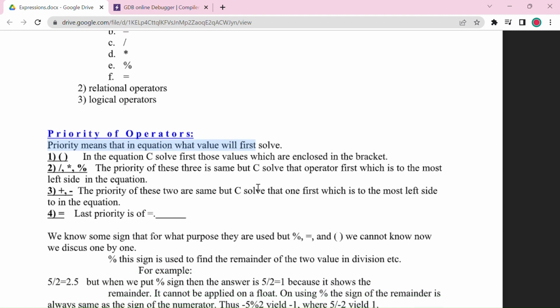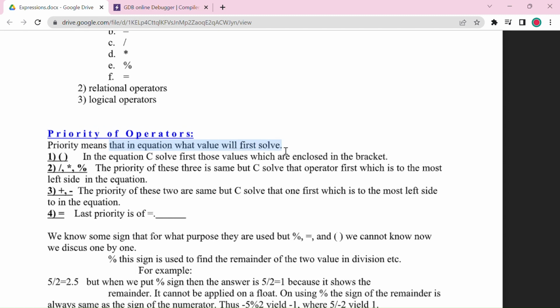Priority means that in an equation, which value will be solved first. This is super important, because when you're writing your C program functions, you will come across such things, and you should keep them in mind. According to my point of view, this topic is pretty important.